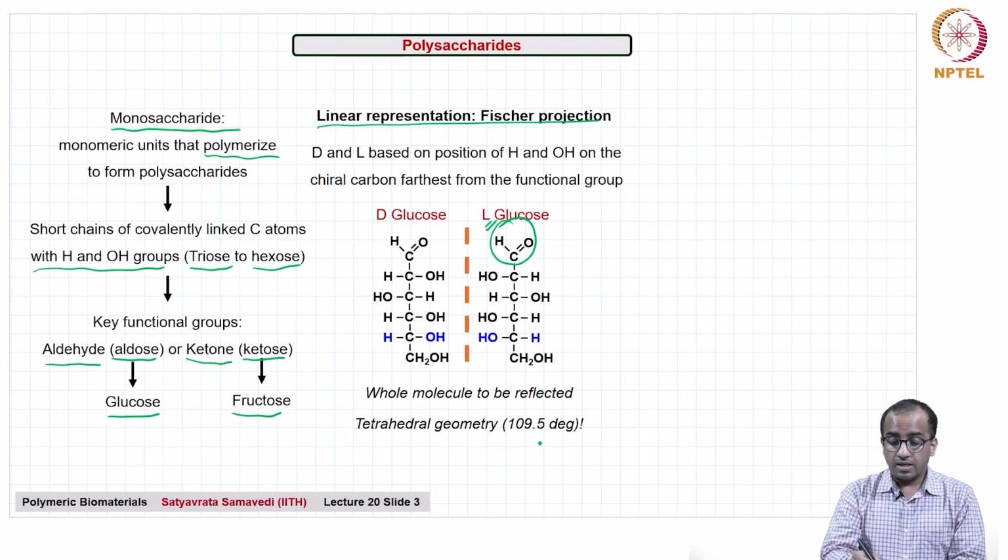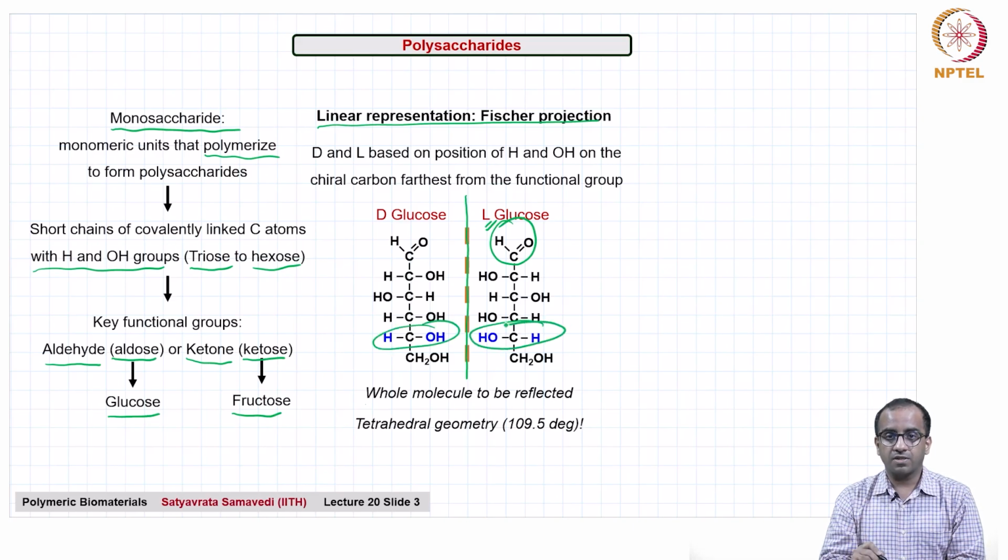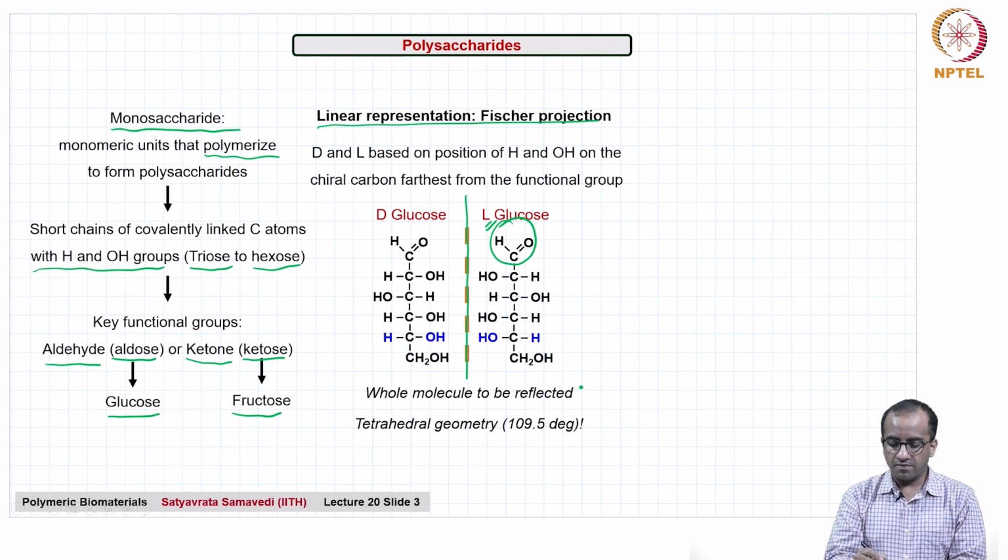We note that when we reflect the molecule on either side of the mirror, the whole molecule has to be reflected and not simply the fifth carbon alone. So, you see the entire molecule is reflected. Another important point to keep in mind is, while we are representing it this way as the idealized structures, do remember that the bond angles are not 90 degrees.